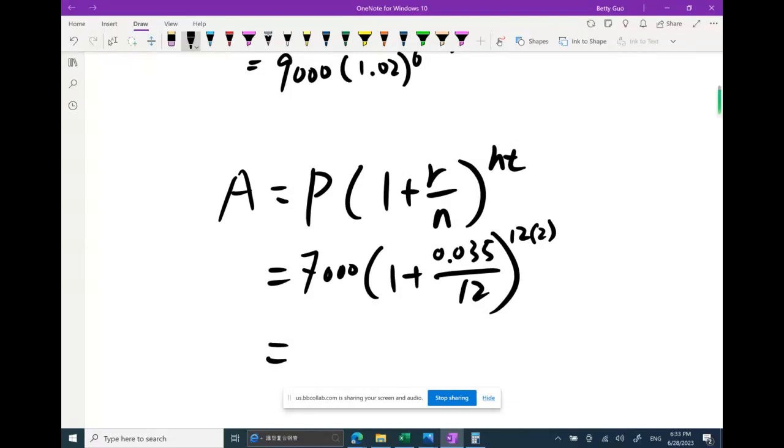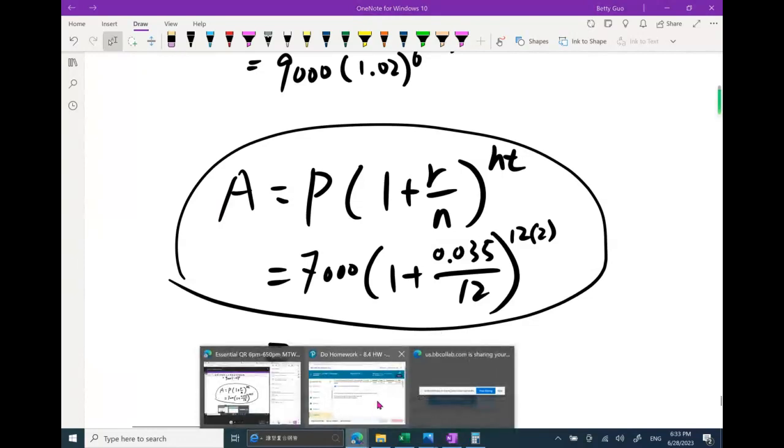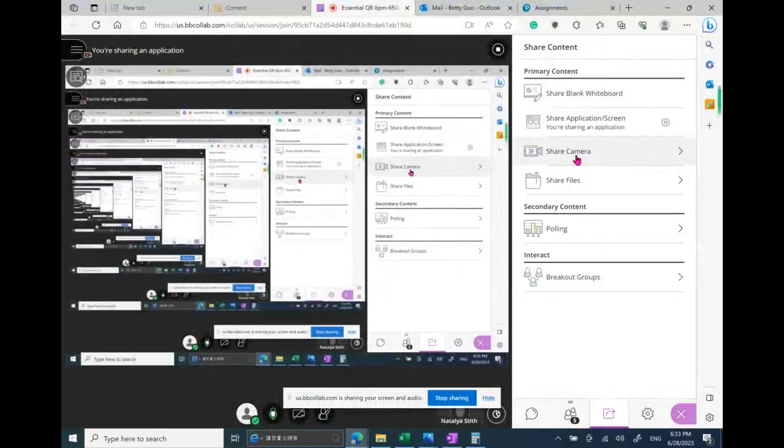All right. So I'm going to show you. Yeah, please have this in your scratch paper, because once I switch to the calculator, you will not see it. I'm going to share my calculator.